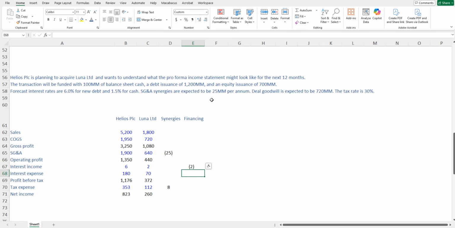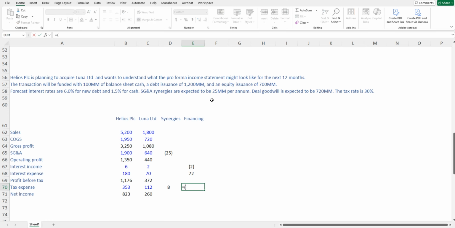For interest expense, they issue new debt of 1,200 million, so 1,200 times 6%, that's 72. That's the financing for the debt. Now one is down, one is up. They are both going to affect the profit, because interest income is lower and interest expense is higher. Your profits will be lower, so you pay less tax.